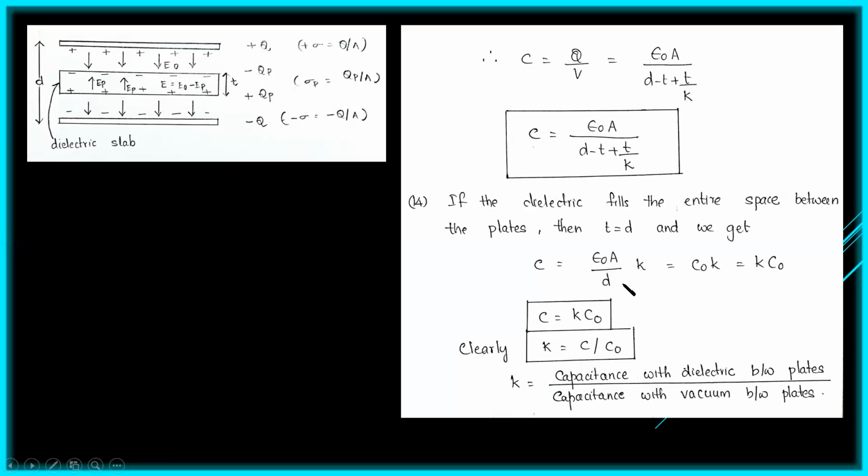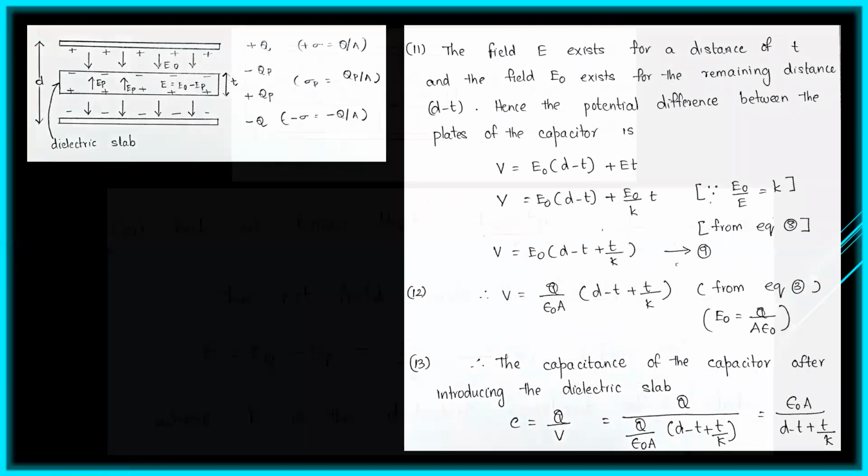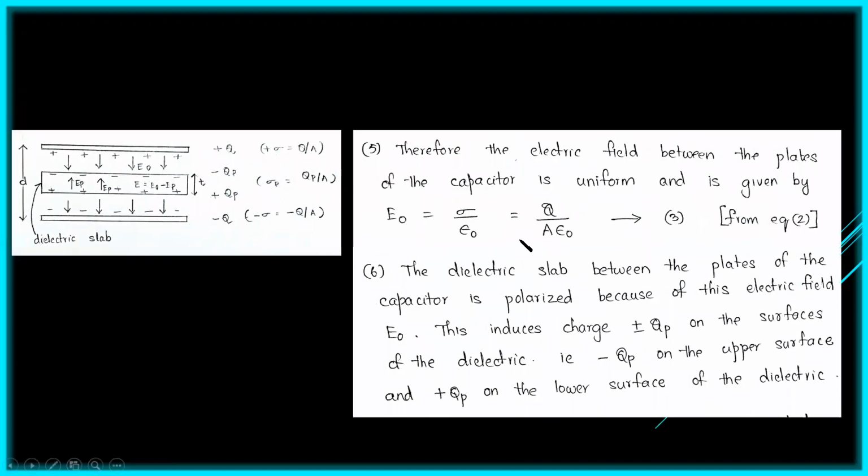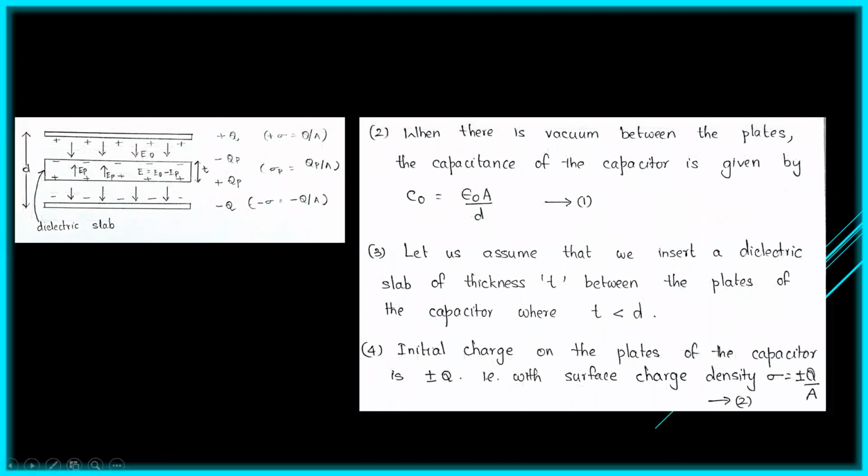But epsilon naught A by d is C naught. That is from our first equation, which we have seen earlier. This is our third equation, from which we got E naught is equal to Q by A epsilon naught. And this is our first equation, C naught is equal to epsilon naught A by d.